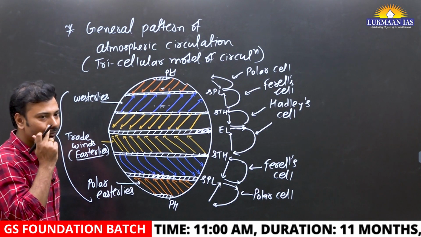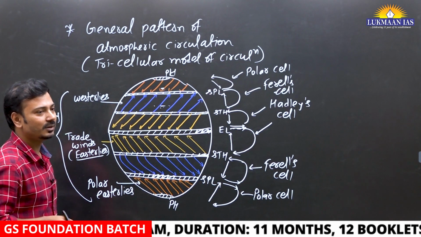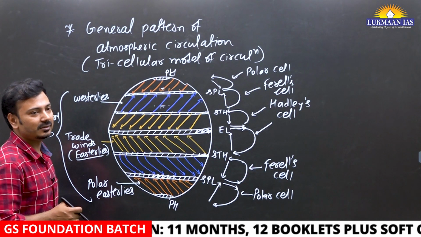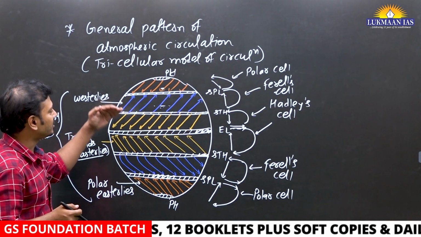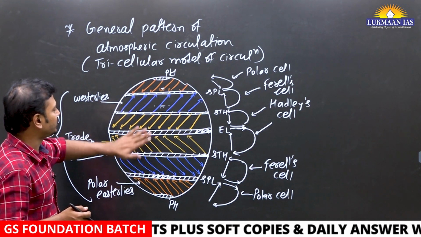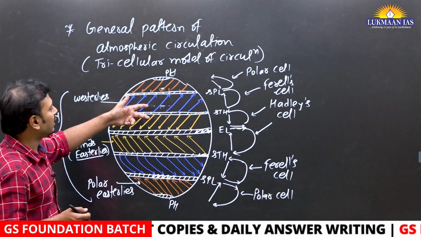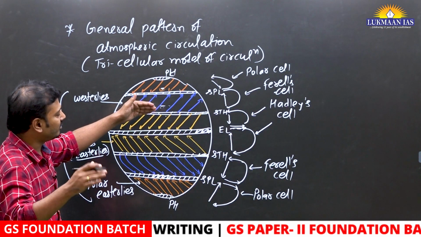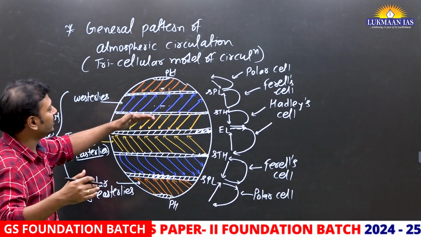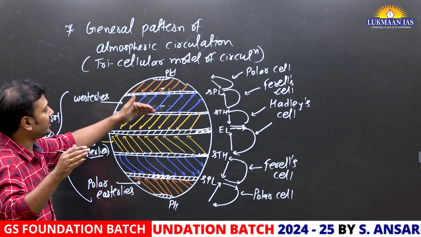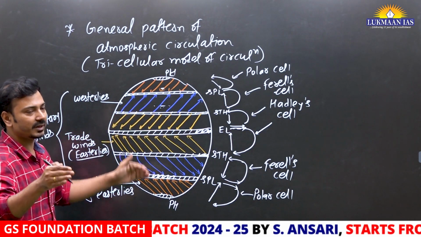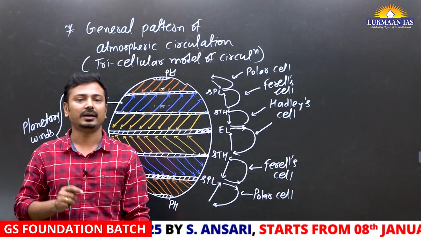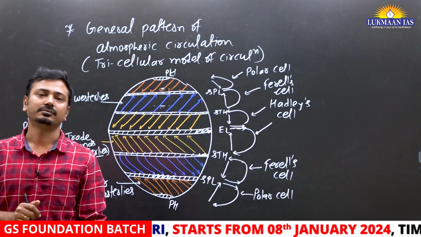This unique kind of climate is observed in the Mediterranean region because of the shifting of pressure belts and planetary circulation, and they come under the influence of onshore westerlies. During winter they bring rainfall, and during summer they come under the influence of dry offshore trade winds, and that's why there is no rainfall.